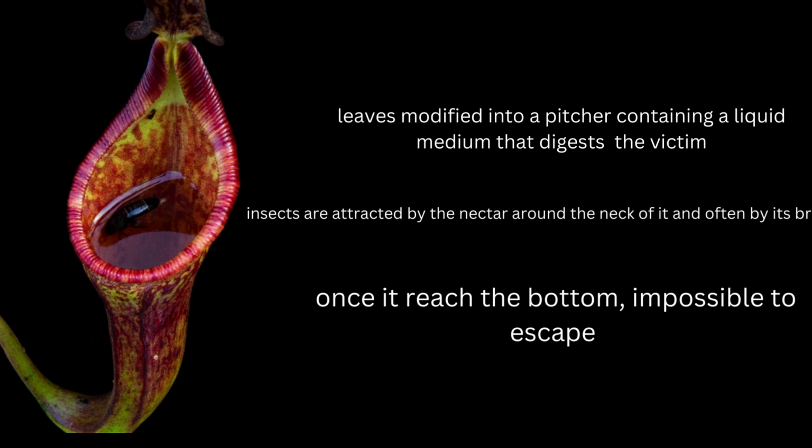Some of these traps have liquid in the base which contains digestive fluids produced by the plants. Others do not have a pool of water but exude digestive enzymes once the insects starve in the traps. The most common examples are Nepenthes species and Sarracenia species.